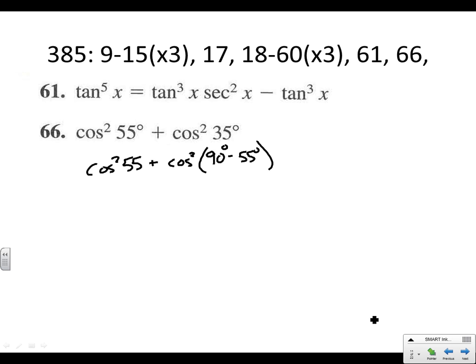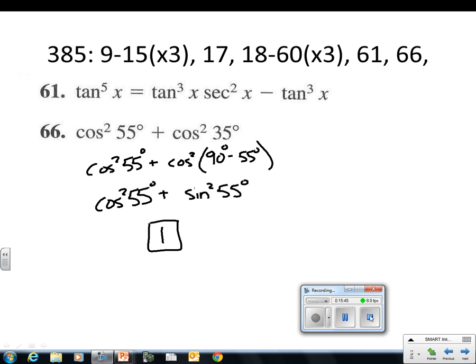And if we go into our complementary formulas, we can say cosine squared of 55, leave that alone, plus, switch this to sine squared of 55 degrees. And we should know at this point what cosine squared plus sine squared of the same angle is. That's just 1. All right, so there you have it. Those are your even answers for section 5.2.